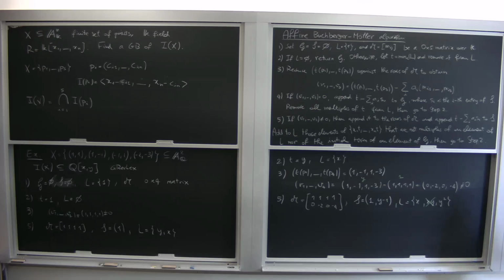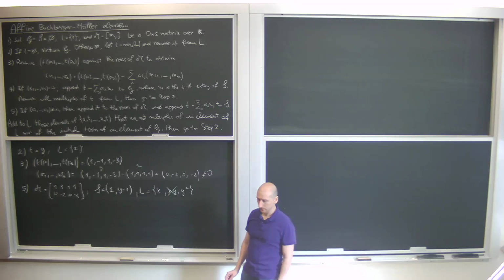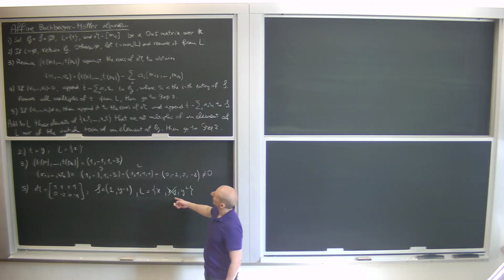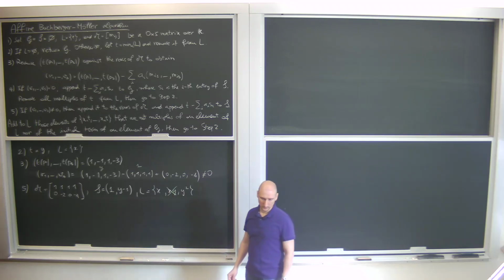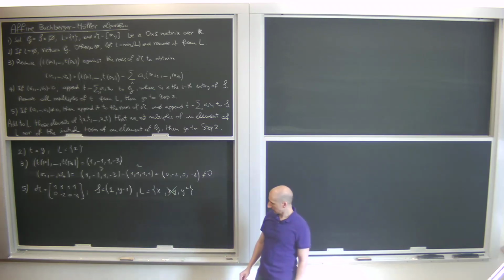So why are you actually removing x, y from the list? Because you will now be taking it out and then it will go away later on? Let's see. I have to take it out because it is a multiple of something I have already, right? Another element, yeah. So you're sort of replacing L with the minimal generators of that minimal ideal. Right, which is fine, and so you can actually do it here.